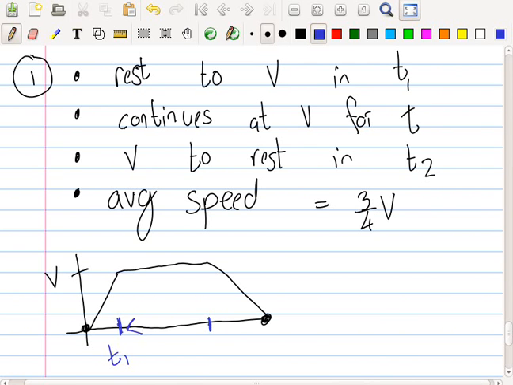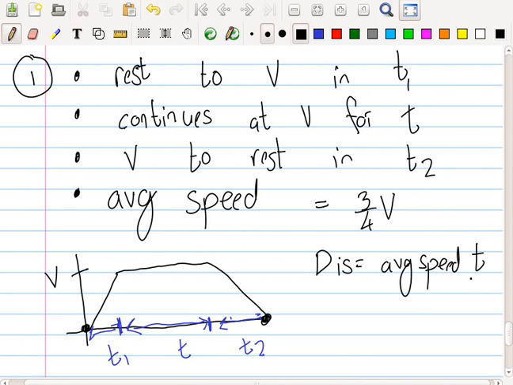This one here to here is T. And the last one is T2. Now, average speed is 3/4 V. What's our formula? Remember, distance equals average speed multiplied by time. So therefore, the average speed is equal to distance over time. But anyways, we'll look at that in a minute.